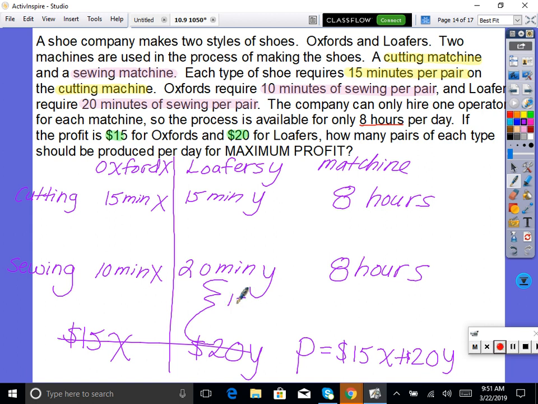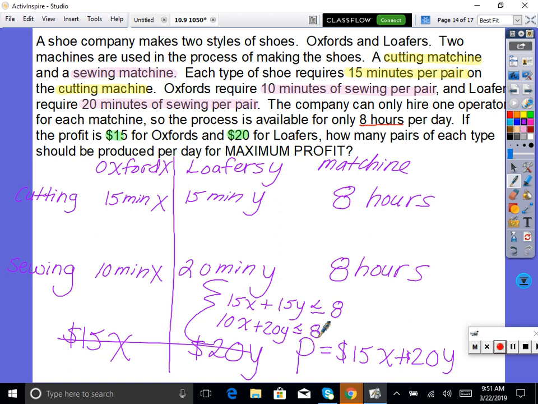Yep, 15x plus 15y needs to be less than or equal to 8 hours, correct? It's okay to take less but not greater than 8 hours. Our second true statement is 10x plus 20y also needs to be less than or equal to 8.